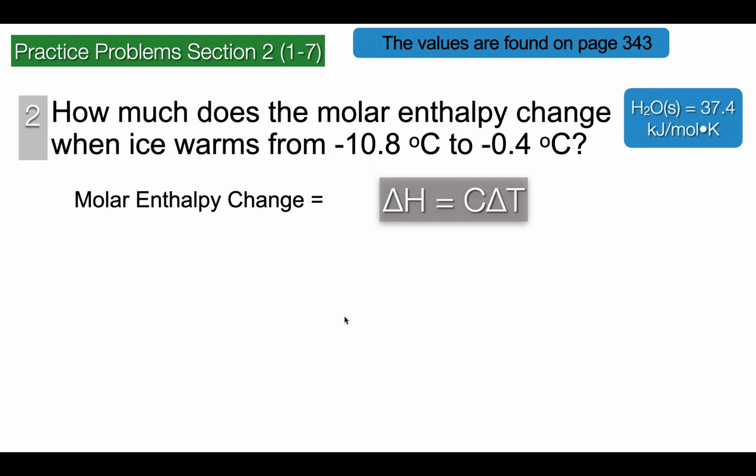For number 2, same equation, same setup, but now we're looking at ice that's warming from negative 10.8 degrees Celsius to negative 0.4 degrees Celsius. The specific heat for ice is 37.4 kilojoules per mole.